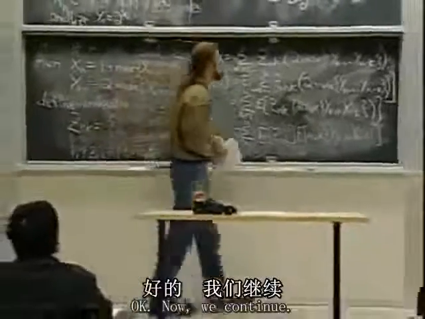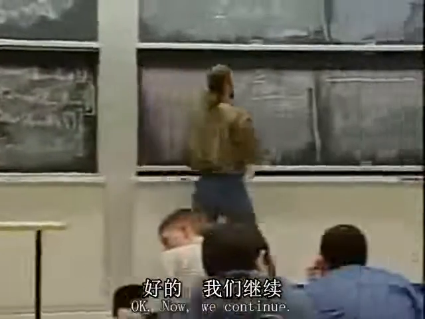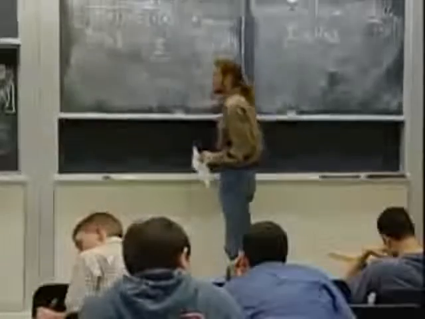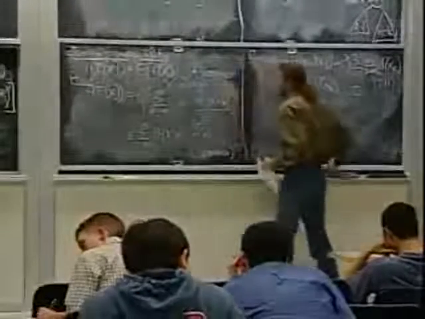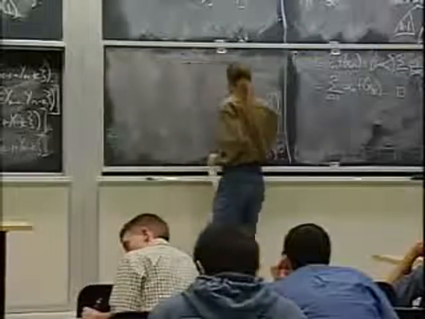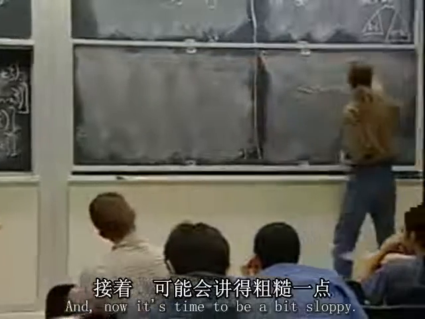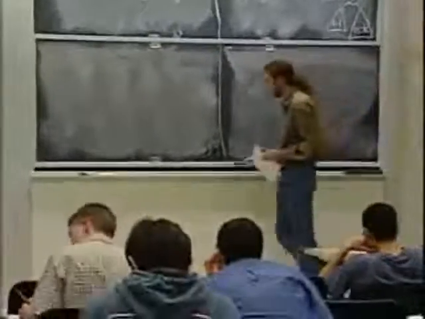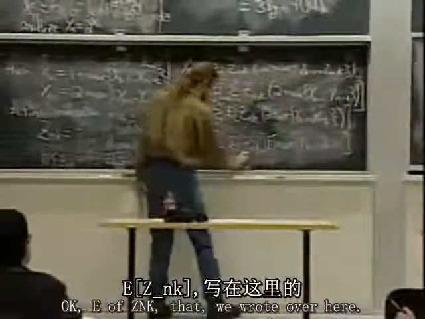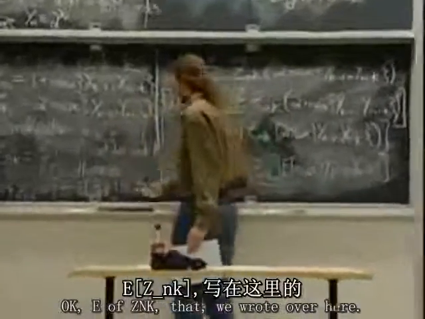Now we continue. And now it's time to be a bit sloppy. One of these things we know: E of z_nk, which we wrote over here, is 1 over n.